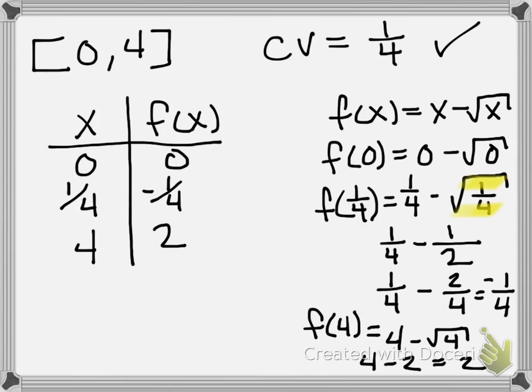Okay, so from there we can see that our negative 1/4 is our smallest number, so that is going to be a min. And we can see that 2 is our largest whenever we compute that, and so that is going to be our max.